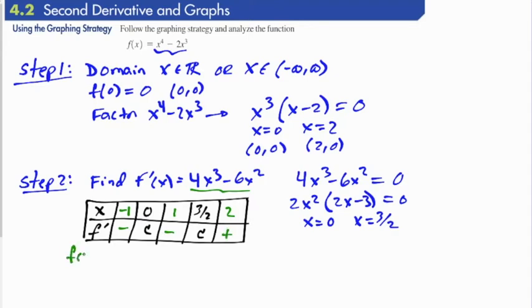So now we can say that f of x is decreasing for x in the interval from -infinity. So we see that it's decreasing from -infinity until we get to 3/2.